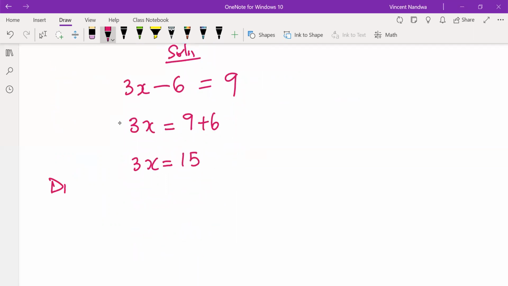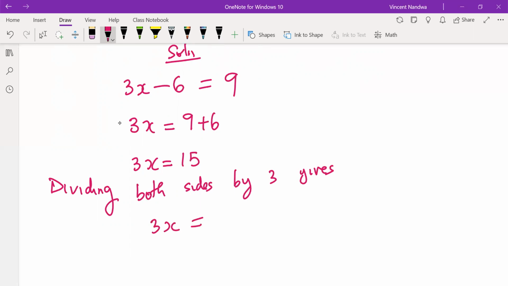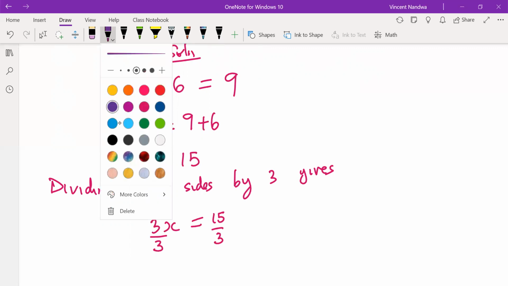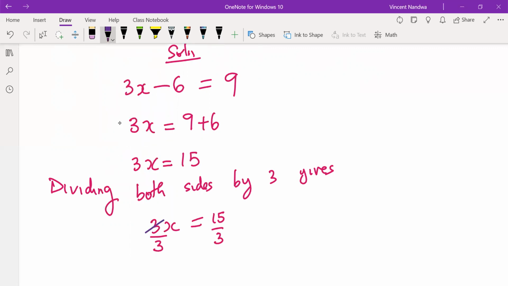Now dividing both sides by 3 gives, so 3x equals to 15, divide by 3, divide by 3. So 3 into 15 is 5. So this implies x equals to 5.